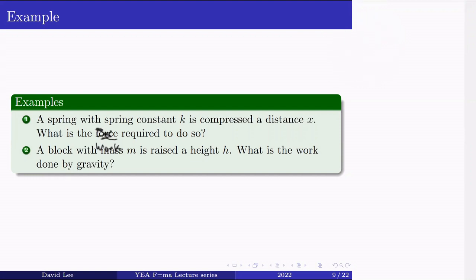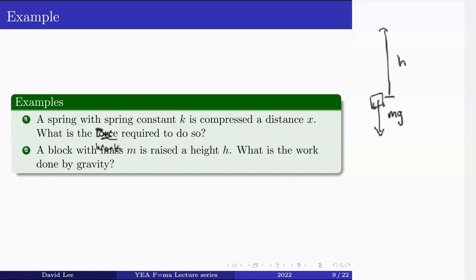There's a block, and gravity is acting on it. And gravity near the surface of the earth is always mg downwards. And this block is raised a height h.